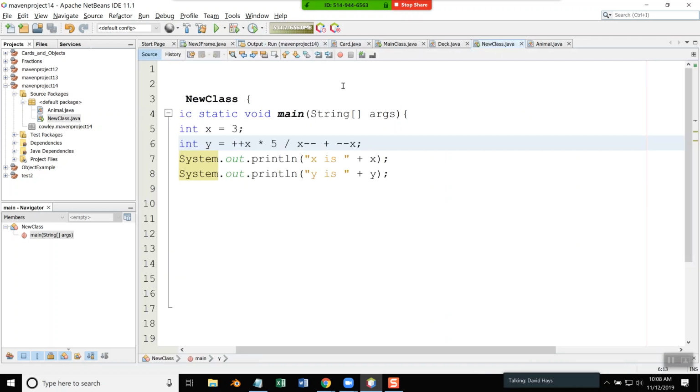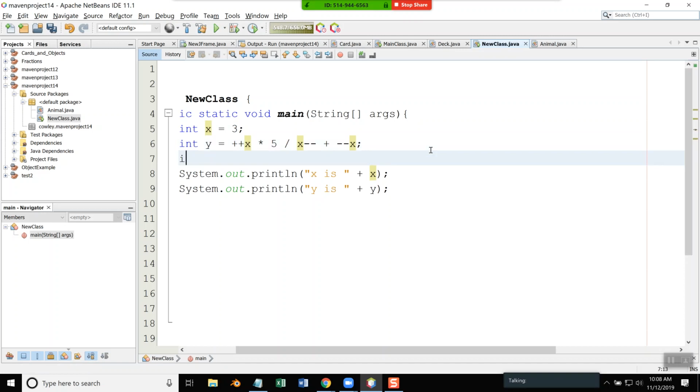Sure enough, too. I didn't believe him, but seeing is believing, I guess. Because normally when you do a plus plus, it changes the value of x, then that should be a 4.